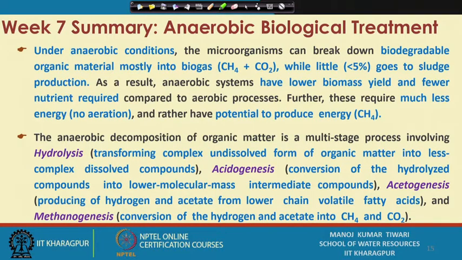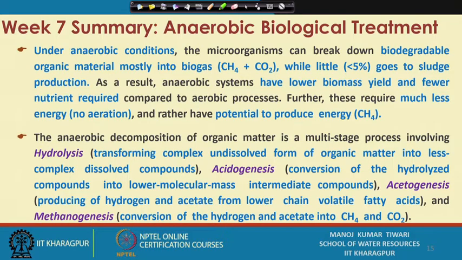So, in week 7 we did talk about the anaerobic biological treatment. In week 6 we discussed the aerobic systems, the activated sludge process, rotating biological contactor and trickling filter. In week 7 we discussed the other type of biological treatment, which takes place in anaerobic conditions.